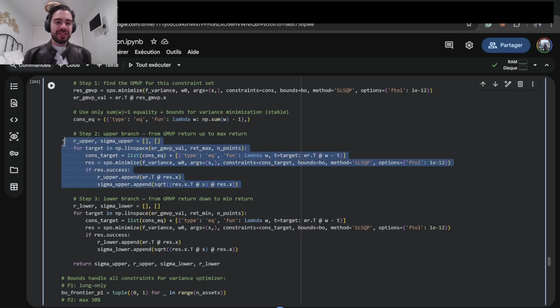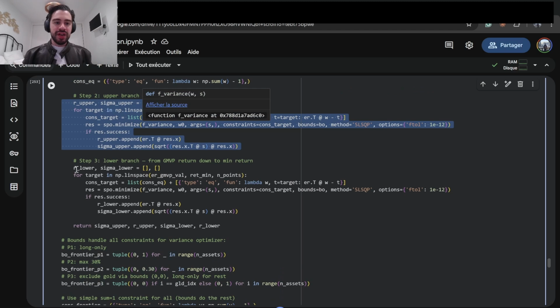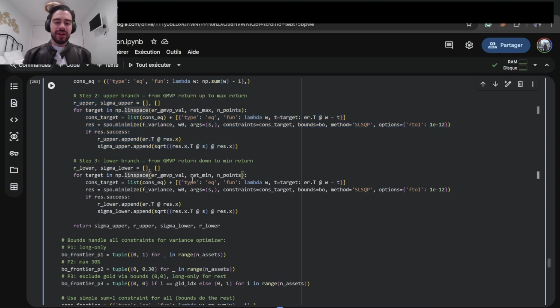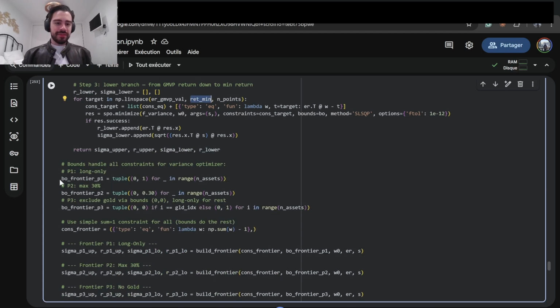And well, basically this is getting me all the different points that are higher than the minimum variance portfolio. And here the same thing, but I'm getting the lower points. The difference between those two functions is this: I get from the minimum variance portfolio until the maximum return, and here I get from the minimum variance portfolio until the minimal return. And it does basically the same thing. After that, I created this function where again I'm defining the limits.